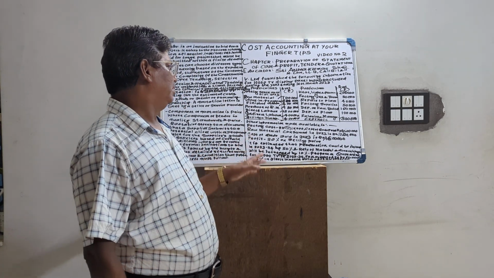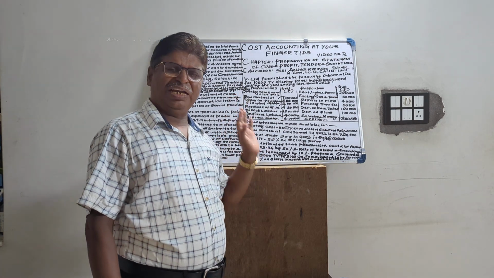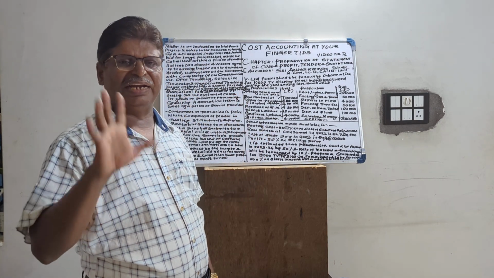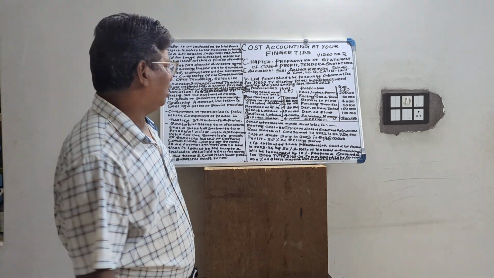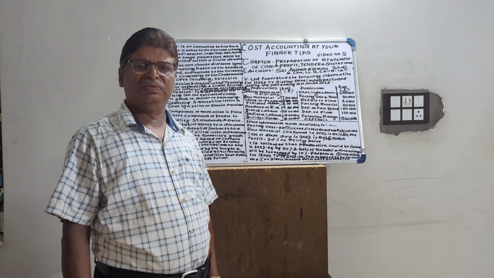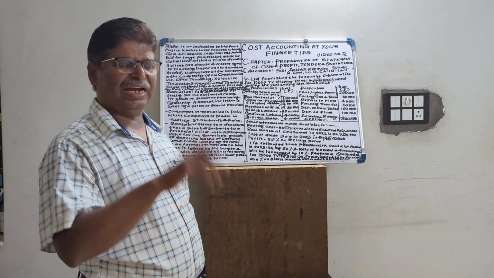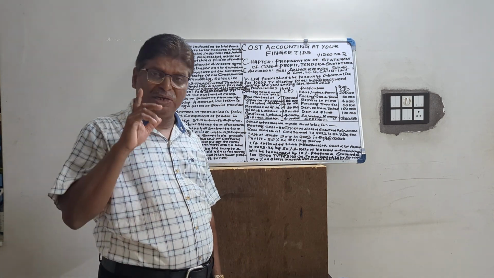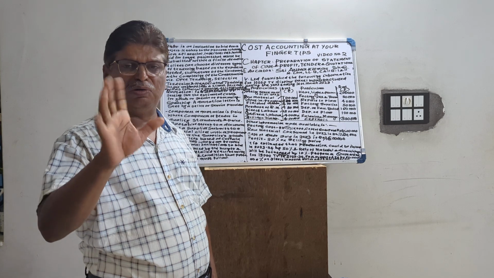Then we will add office and administrative expense. All expenses related to office will be added here. Then we will get cost of goods produced. Then to the cost of goods produced, we add opening stock of finished goods less closing stock of finished goods, and we will get cost of goods sold.